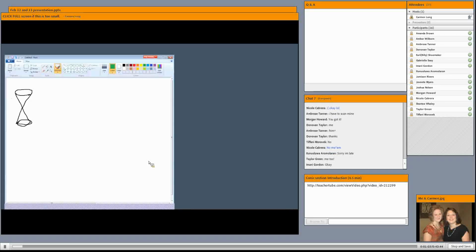Those of you who got that to work, was that kind of an interesting way to be able to see that? If it's intersected like that through the bottom, it's a parabola.